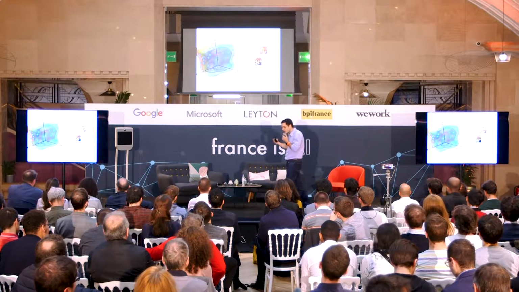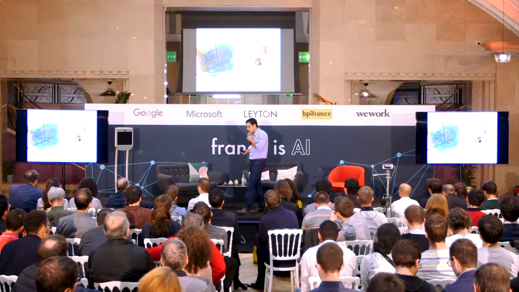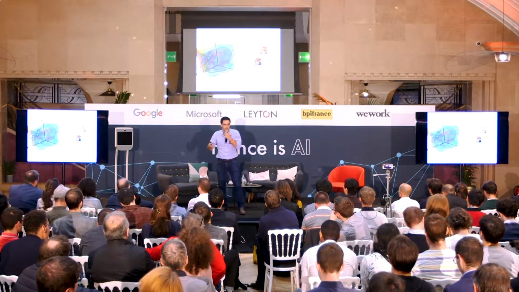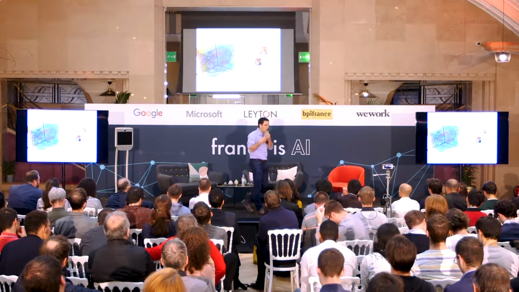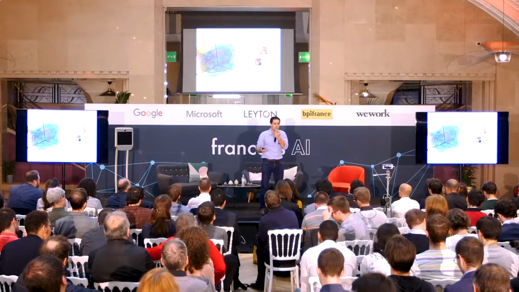There are a lot of things that you can do to work around this issue. For many years, statisticians, or people in imaging for example, have thought about finding low-dimensional descriptors of images. But recently, the trend is going the other way around.